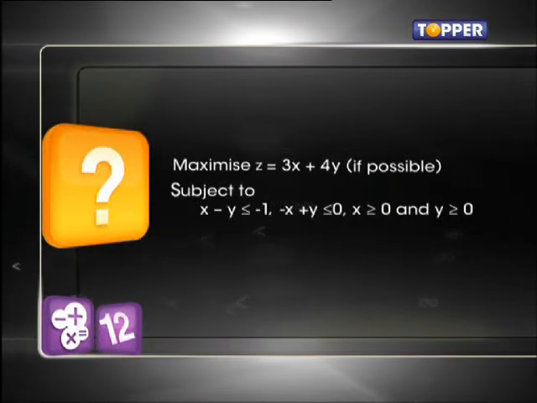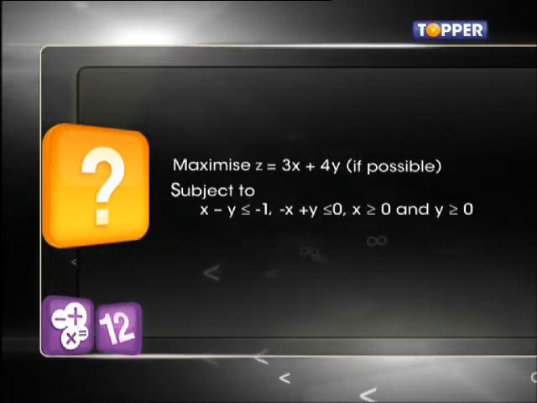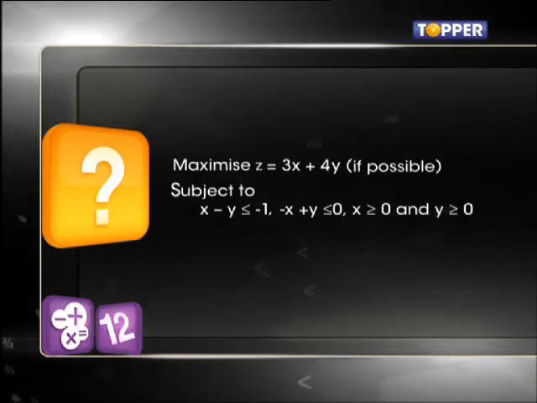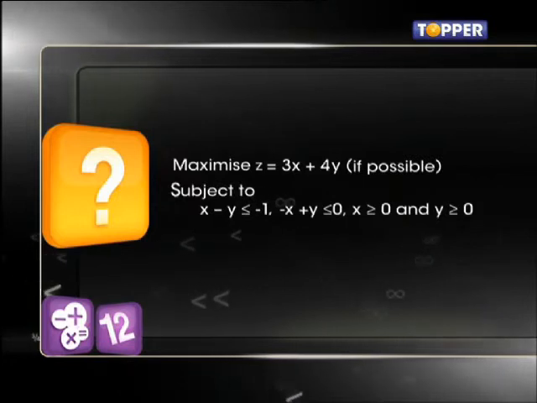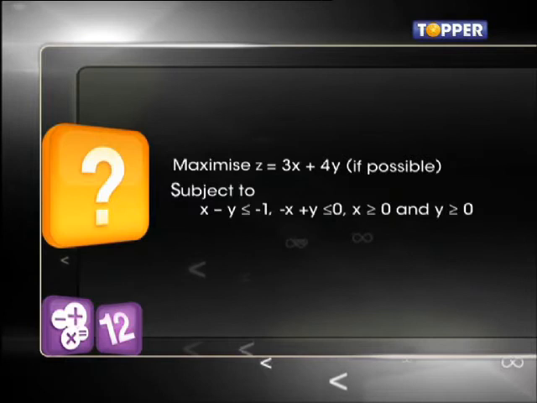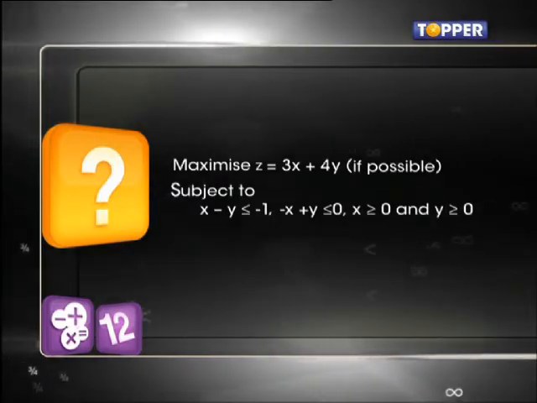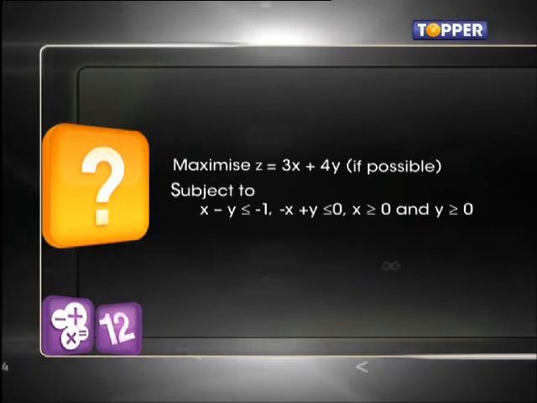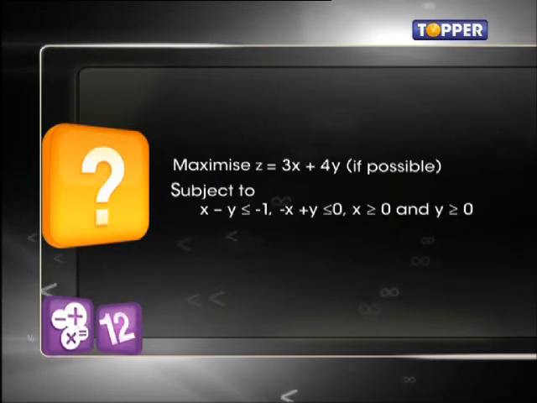So, got the answer to what was asked before the break? You were supposed to maximize, if possible, z = 3x + 4y, subject to the constraints x − y ≤ −1, −x + y ≤ 0, x ≥ 0, and y ≥ 0.